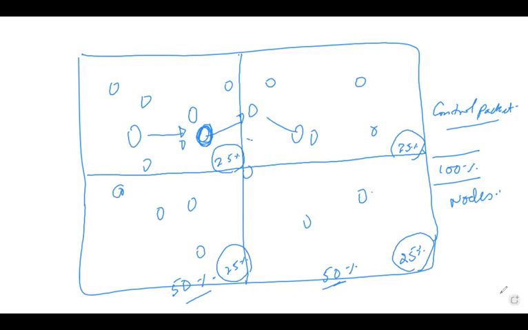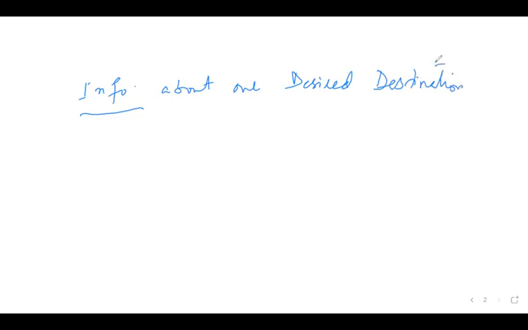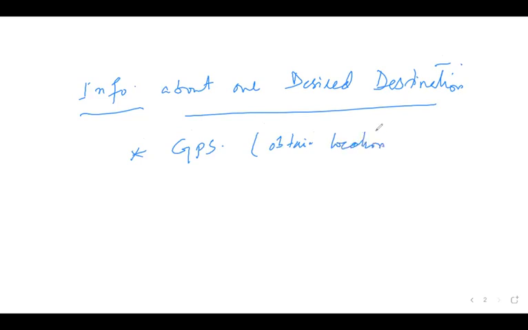To get the information about our desired destination, the first approach is that we can use GPS to obtain the location of our desired node.